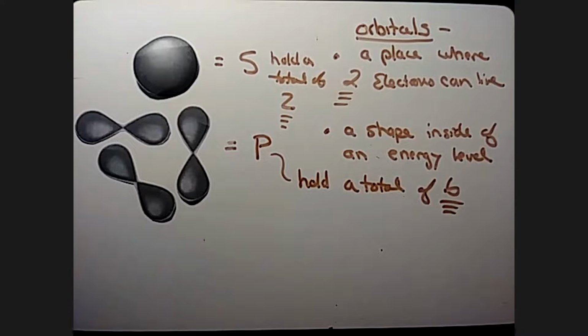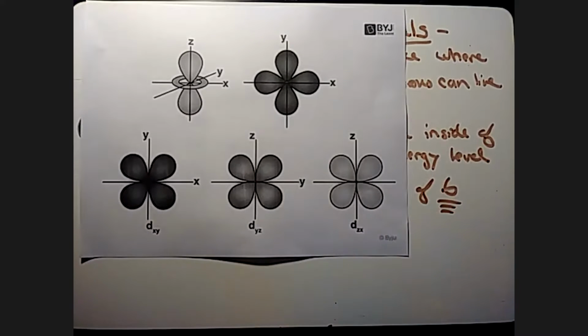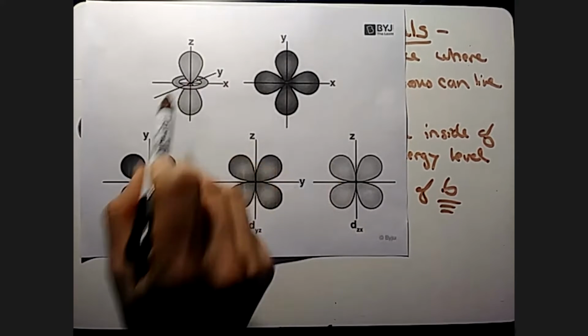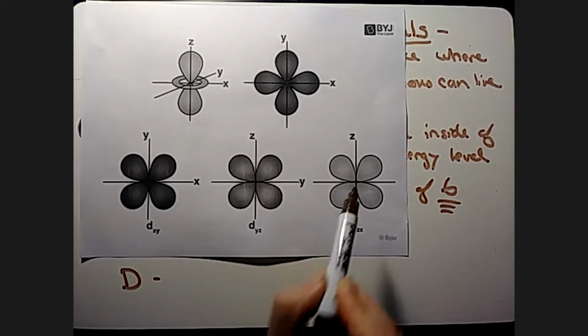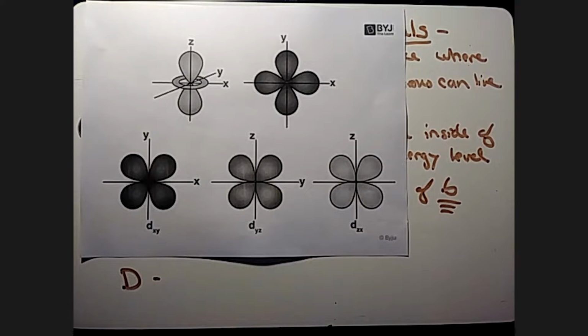Now there's one more shape that I'm going to teach to you, although there are 4 total. I'm only going to show you this next one because it's a kind of crazy one. The next shape is called D. So this is called D-Orbital System. Now, in each one of these shapes. Now remember, these are shapes on the inside of an energy level.